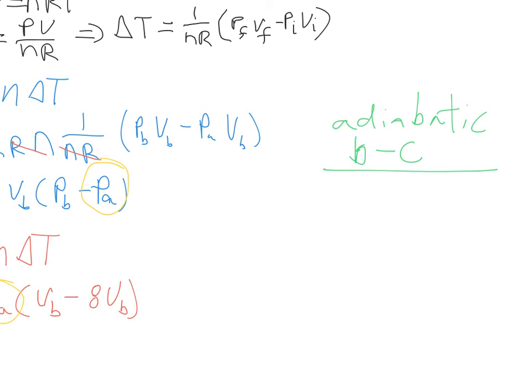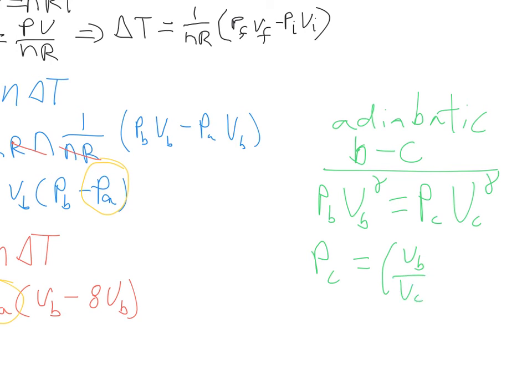As we saw in our homework over the weekend, we have this relationship that PB times VB to the gamma is equal to the pressure at point C times the volume at point C to the gamma power. We're solving for the pressure at point C, so you can rewrite that as the volume at B over the volume at C to the gamma power times the pressure at point B, which is given to us.